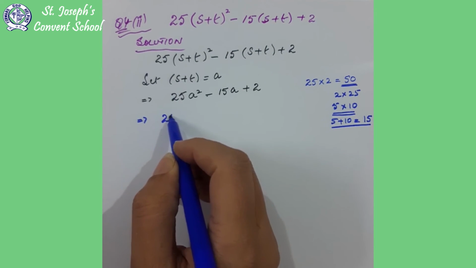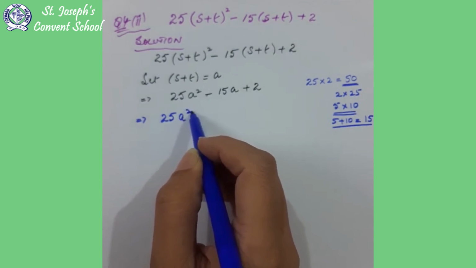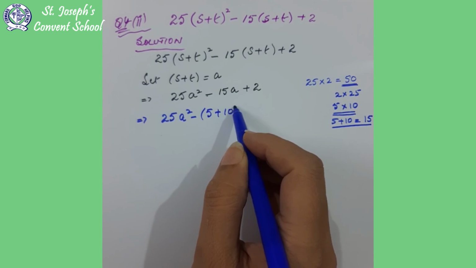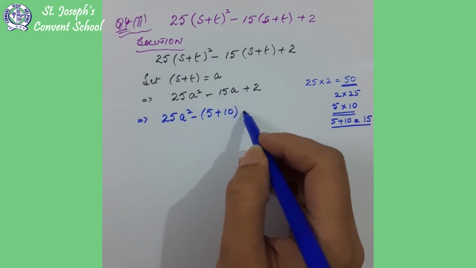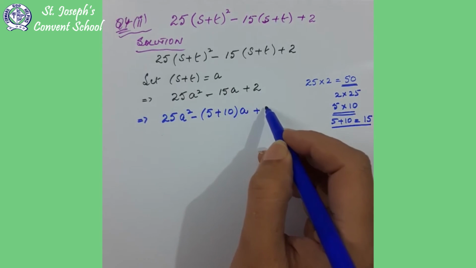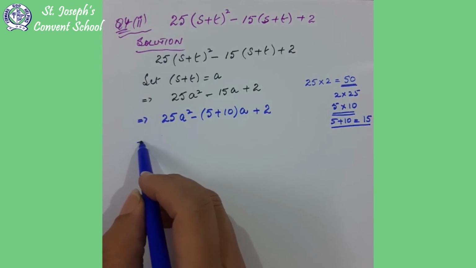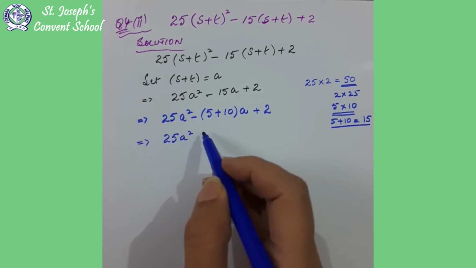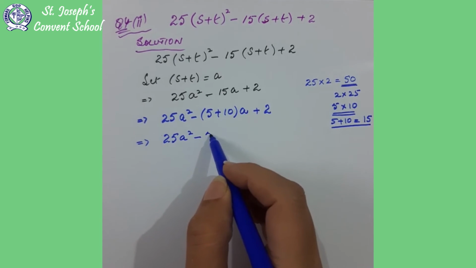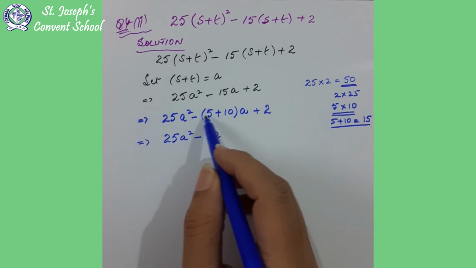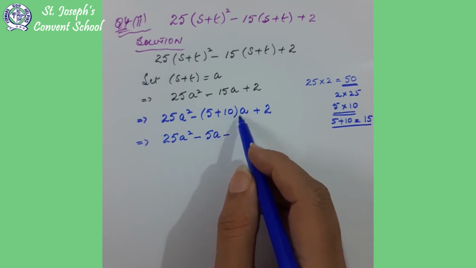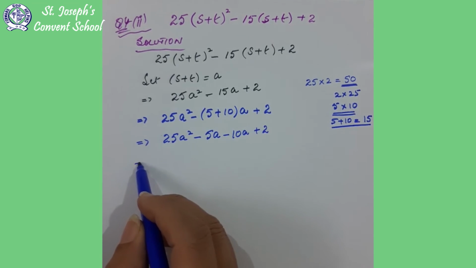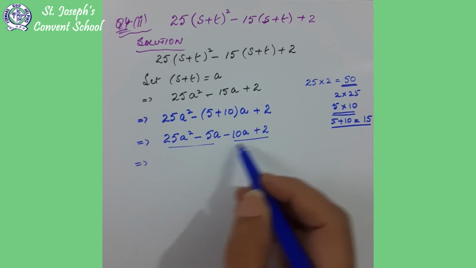So 25a square minus (5 plus 10) a, this a as it is variable, plus 2. Open the bracket. 25a square minus 5a, minus 10a plus 2. Now take common from the first two and the last two.